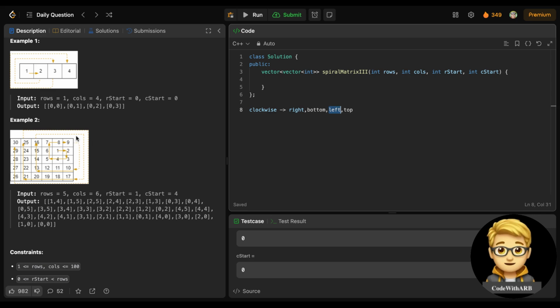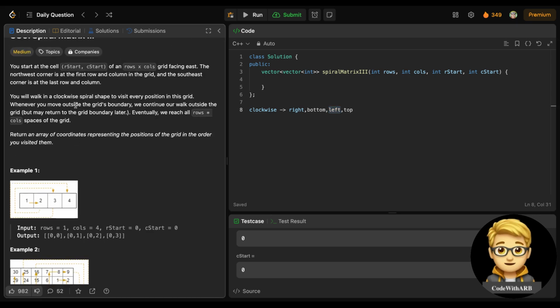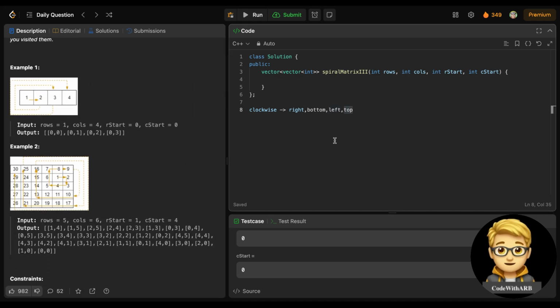So that's what the meaning is: whenever you move outside the grid boundary, we continue our walk outside the grid. So basically it's something like that. After 9 it can move in the opposite direction, outside the boundary.